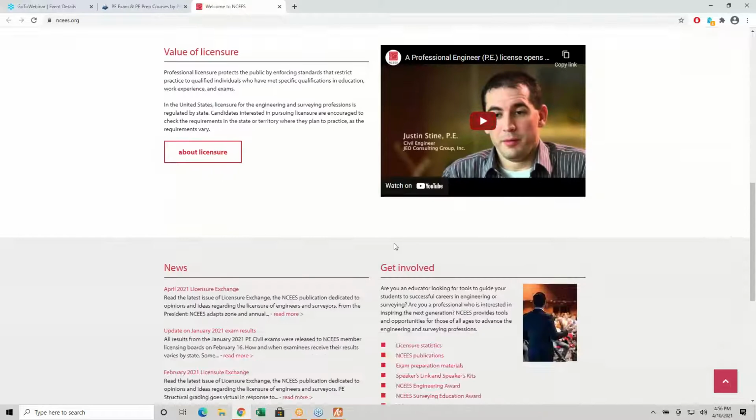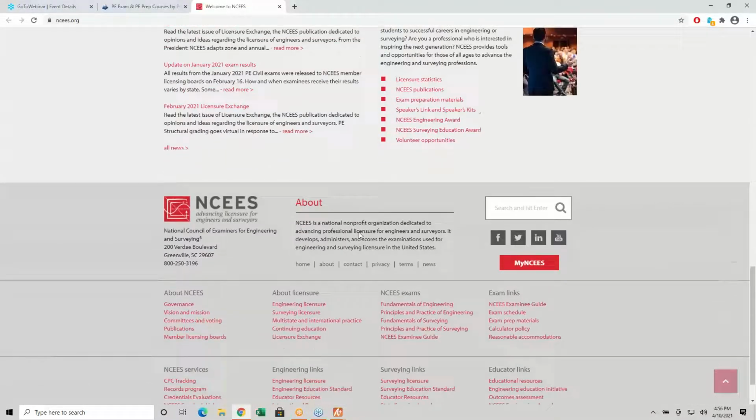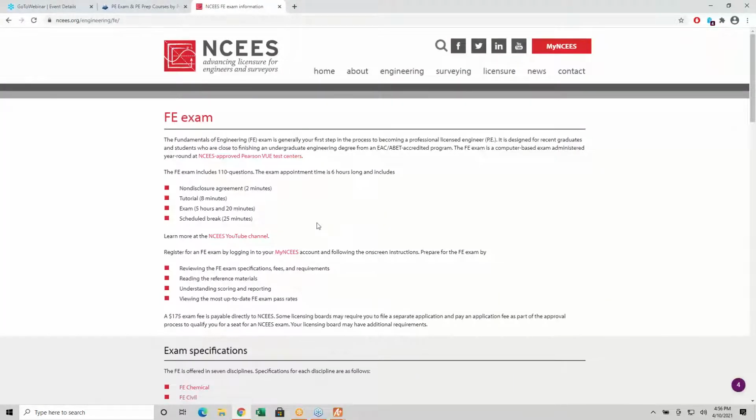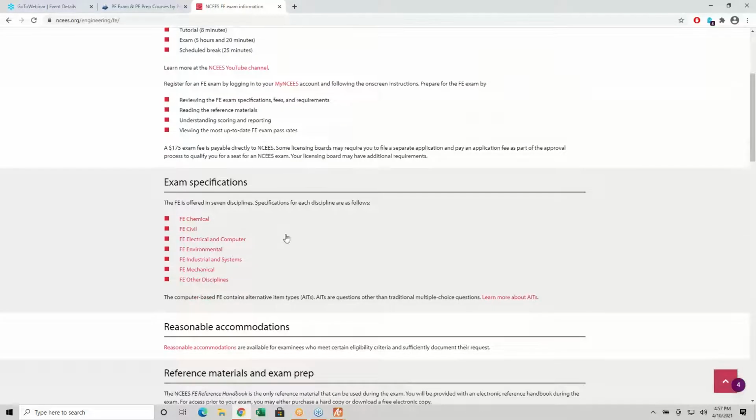Try to visit this website from time to time about exams. So the FE, Fundamentals of Engineering, has a lot of information and exam specifications. It is very important to know the exam specifications. For example, this is the FE Civil, the one we are preparing for, and it has 14 chapters or 14 sections.